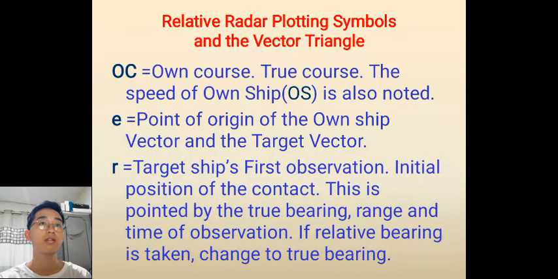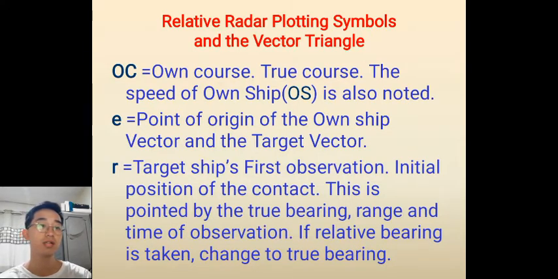Now, relative radar plotting systems and the vector triangle. OC is own course, the true course; the speed of own ship, OS, is also noted. E is the point of origin of the own ship vector and the target vector. R is the target ship's first observation, the initial position of the contact, which is pointed by the true bearing, range, and time of observation.